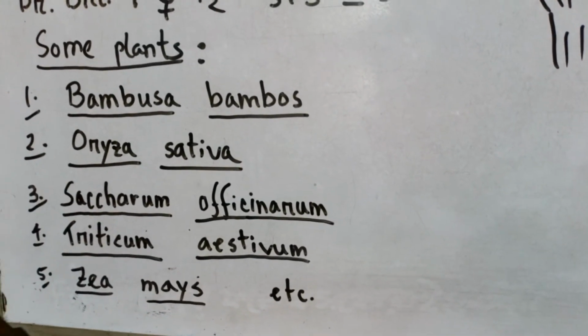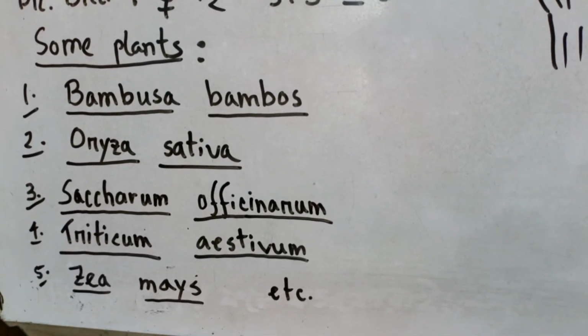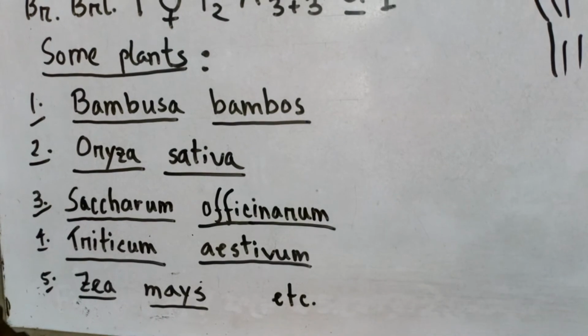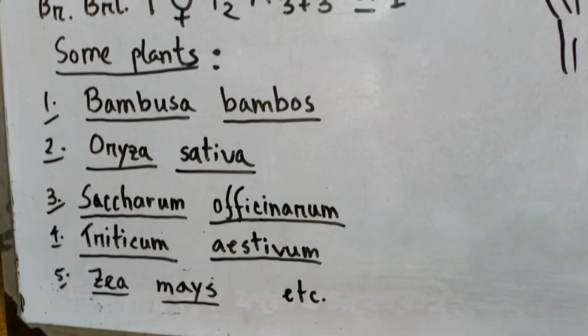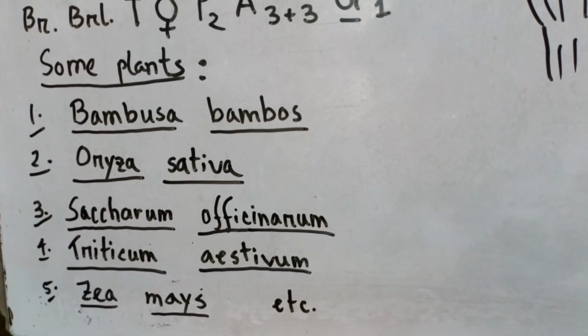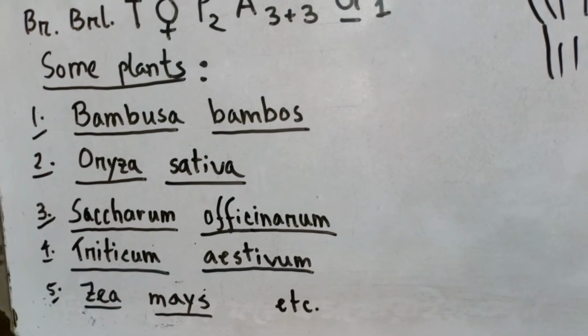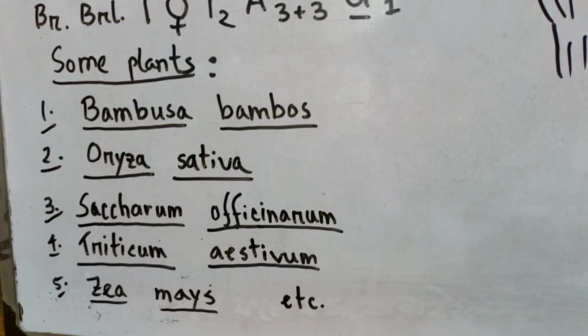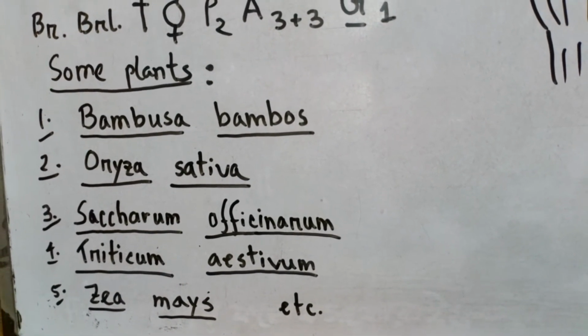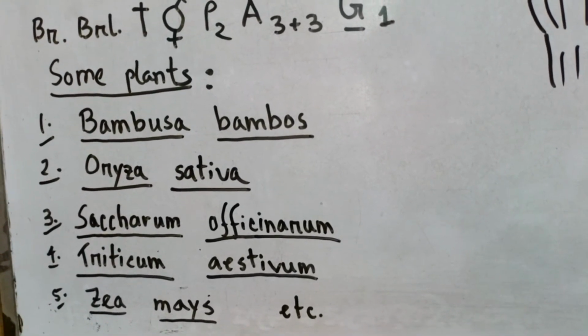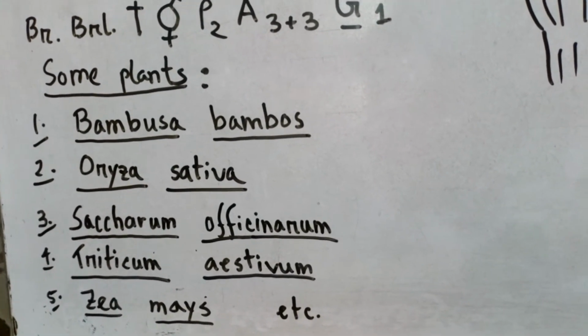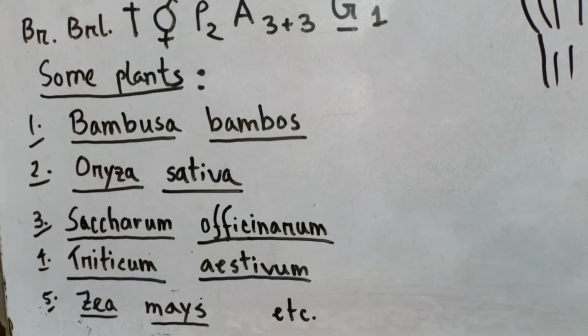It may also be used as fuel. Triticum aestivum, wheat. It is also used as food. Bread and biscuits can be produced from this Triticum aestivum. Also, it may be used as fuel, and straw may be used as cattle food.